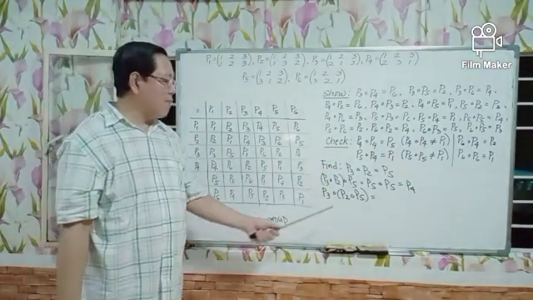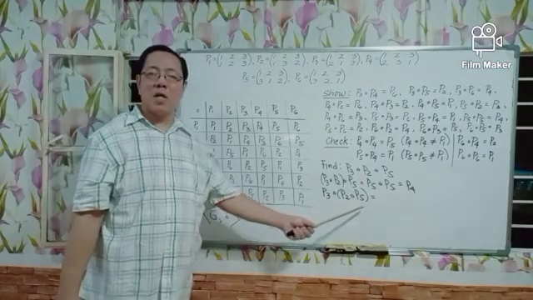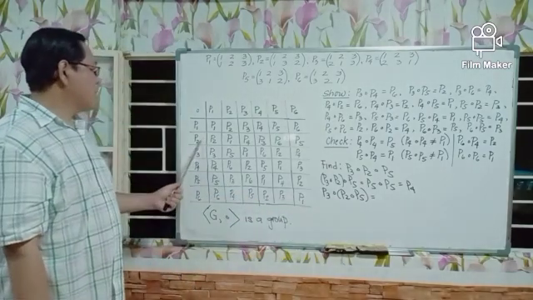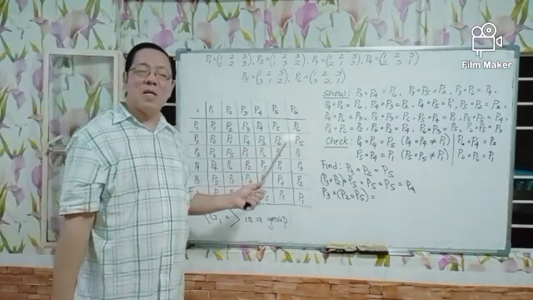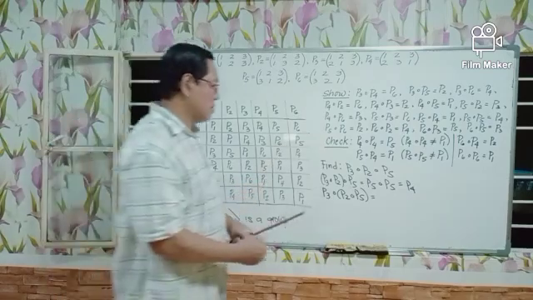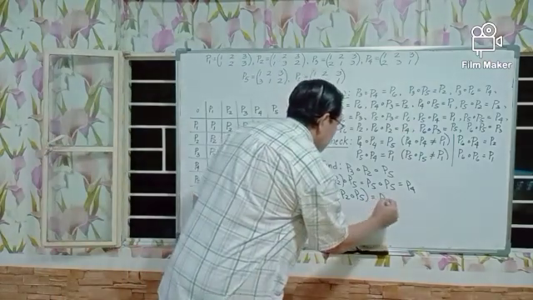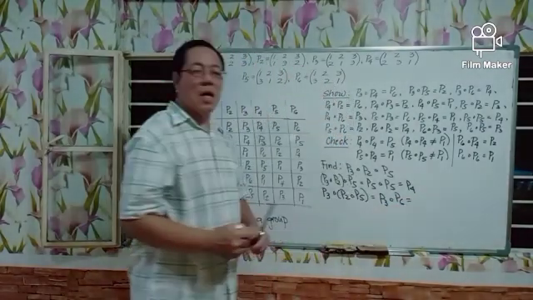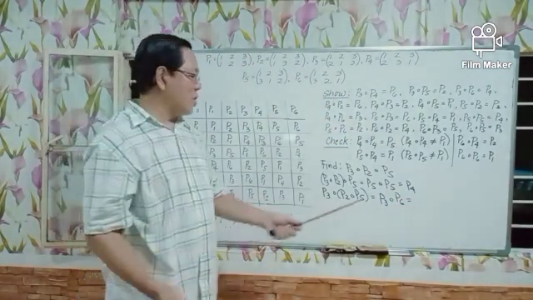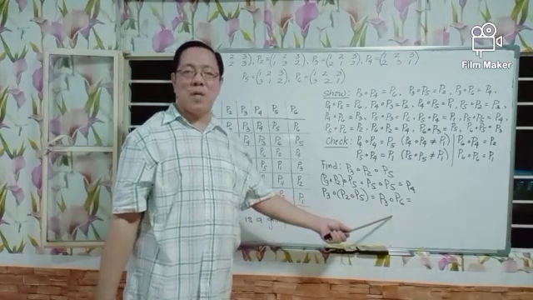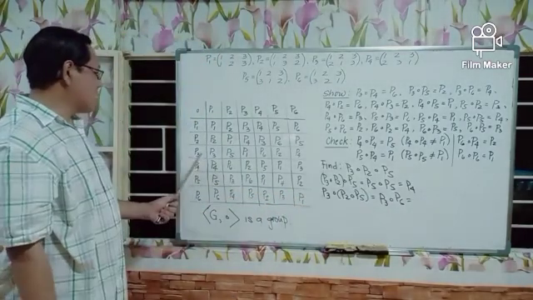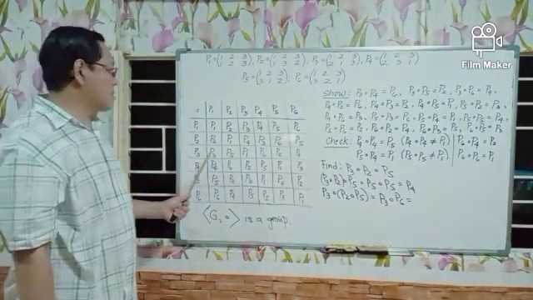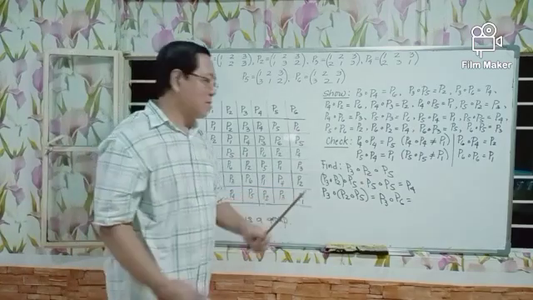From the table, P2 circle P5 is P6. We now find the composition of P3 and P6 from the table. P3 circle P6 is P4.